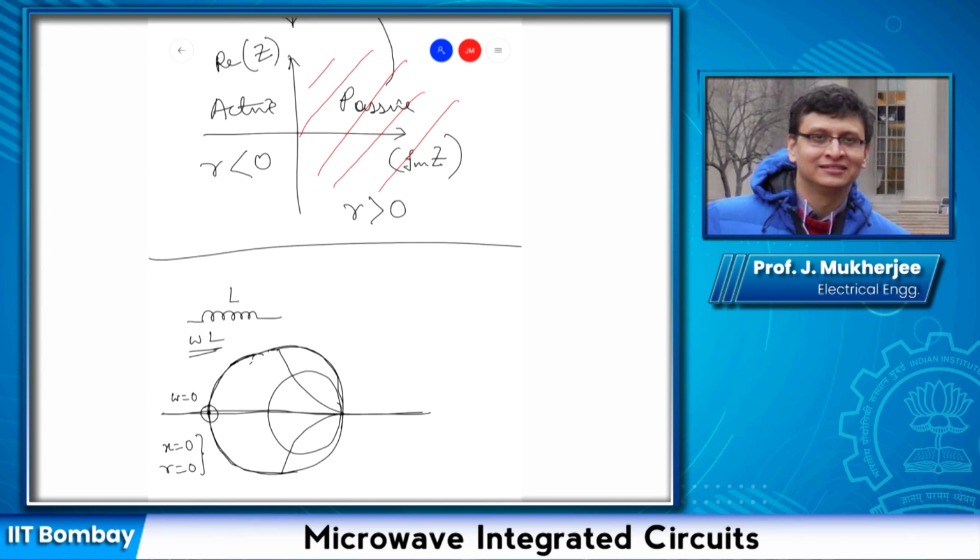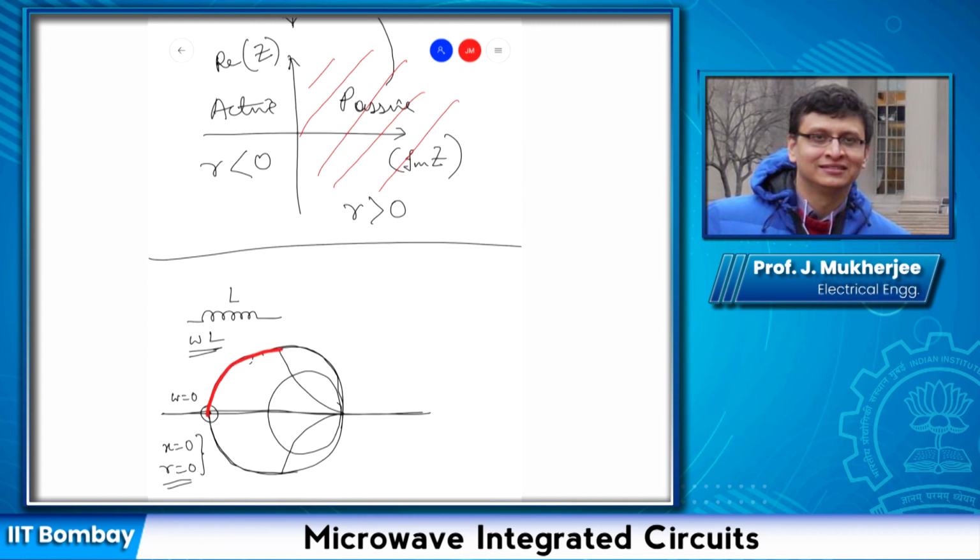When omega equals 0, this is the value. Now, as omega increases, the value of R continues to be 0, but x continues to increase. Which means that the locus followed for omega increasing will be along the circumference of this circle. It will be like this.